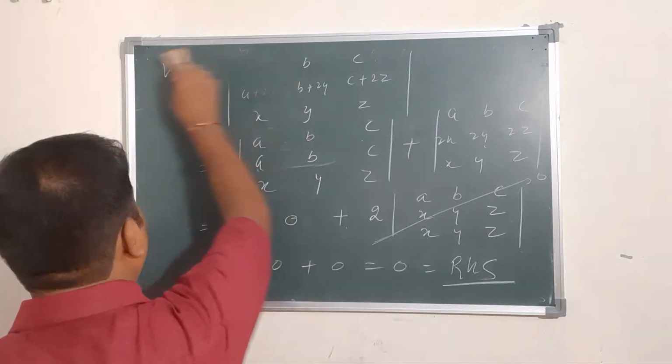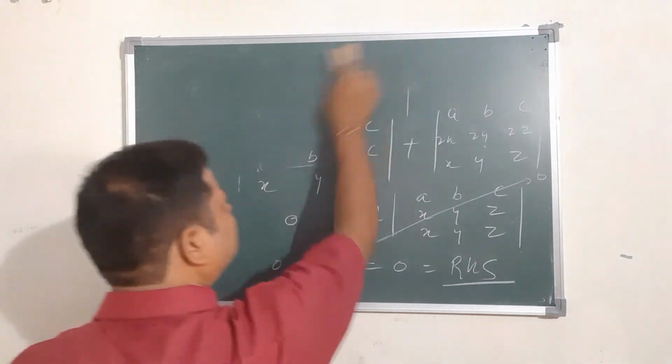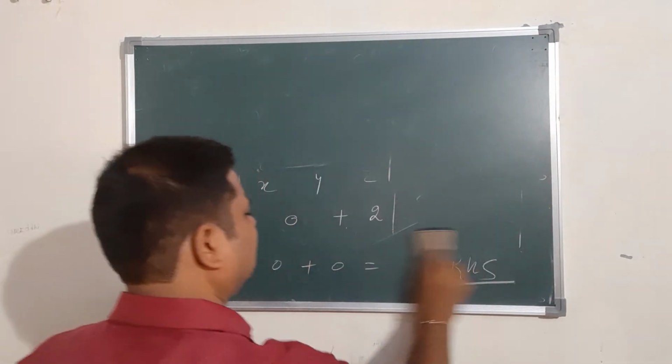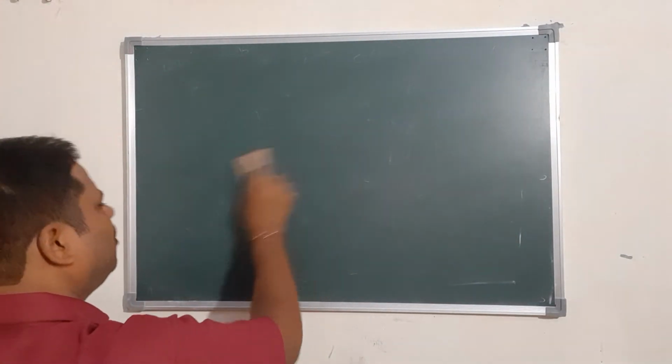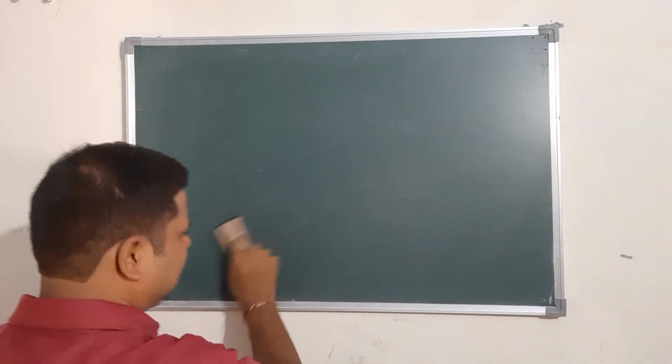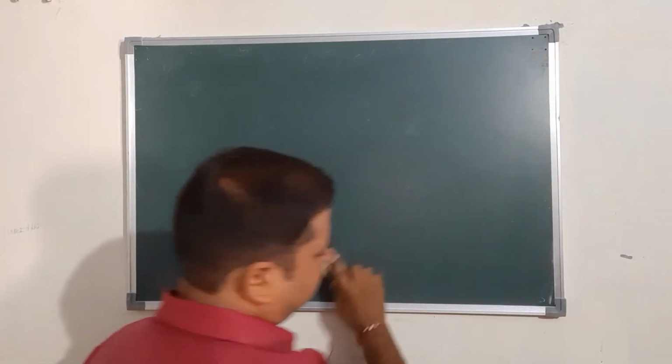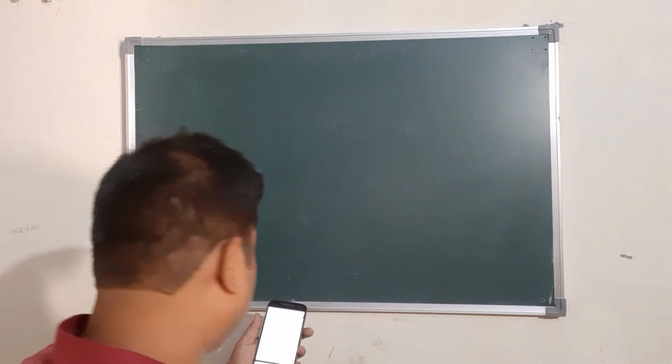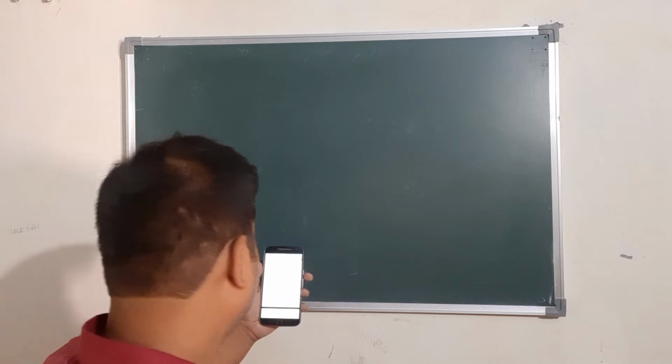In this property, it states that any particular row or particular column of a determinant can be expressed as the sum of corresponding terms of that particular row or column.